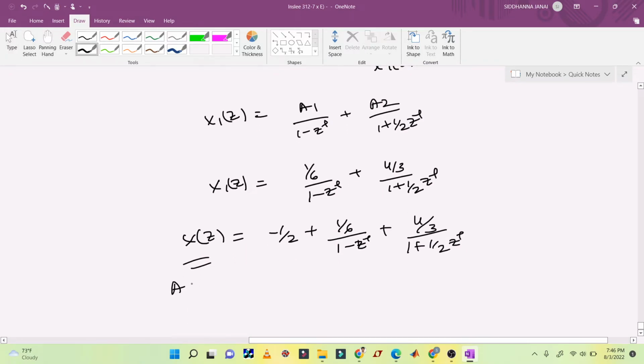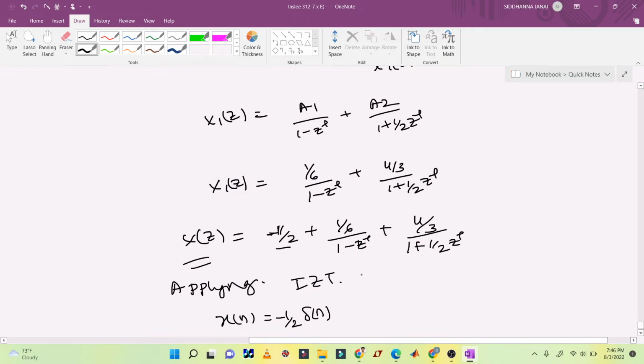Now applying inverse z transform, we will get x of n is equal to minus 1 by 2. For 1 by 1, it is enough, that is delta n. So minus 1 by 2 is the amplitude of delta n, minus 1 by 2 into delta n. This is the inverse z transform of minus 1 by 2.